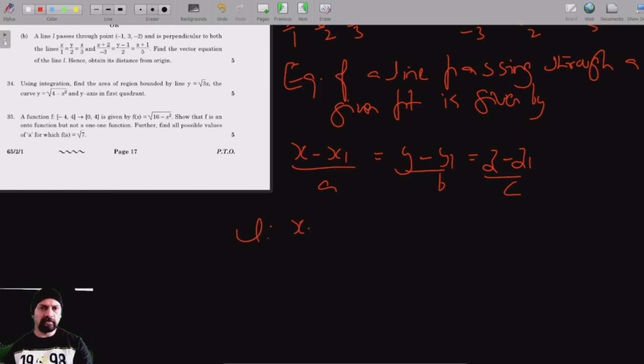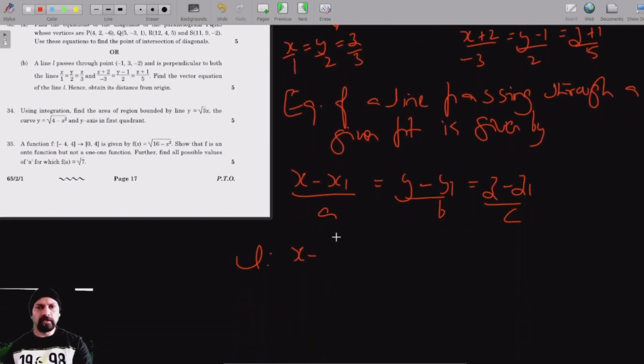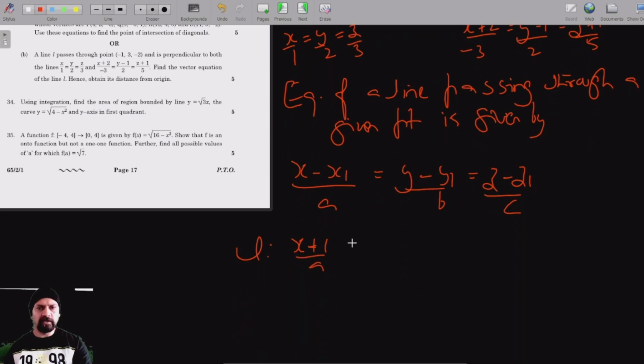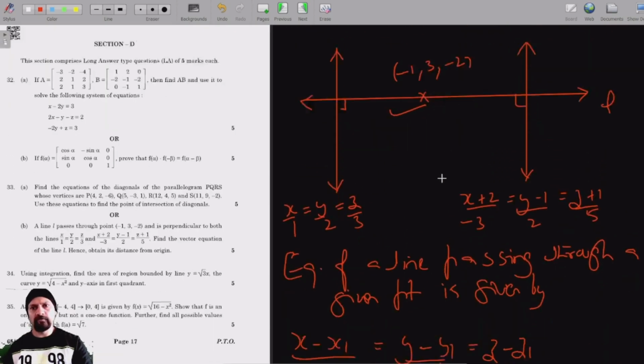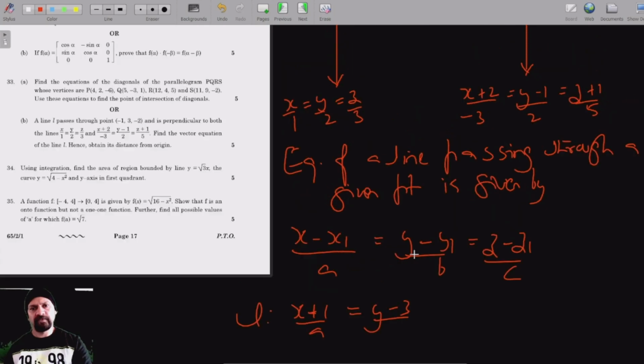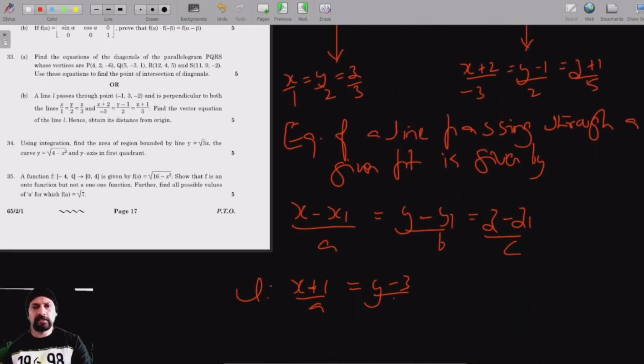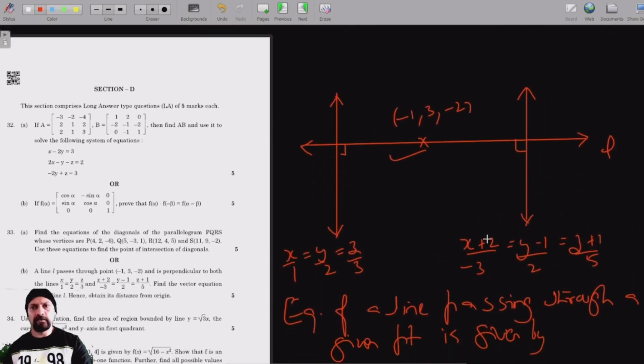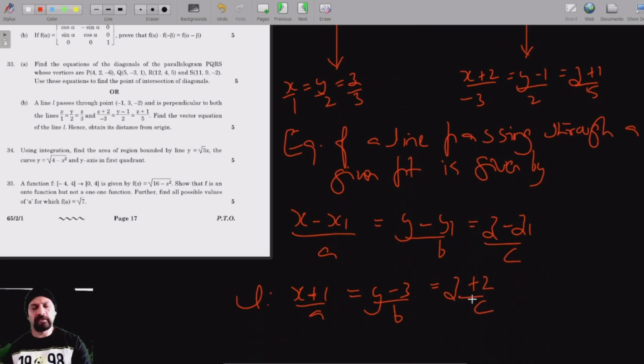The equation of the line is (x plus 1) by a, (y minus 3) by b, and (z plus 2) by c.